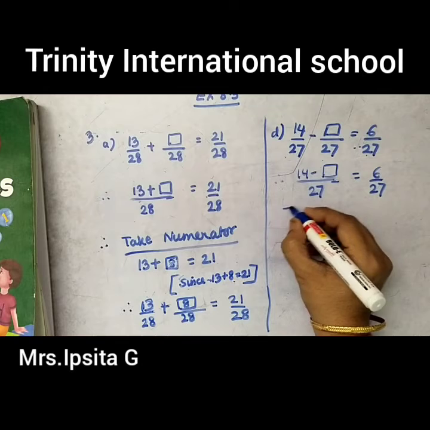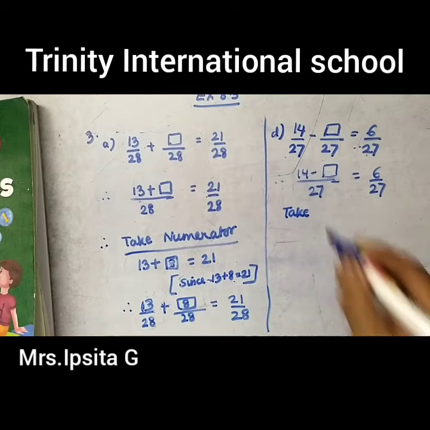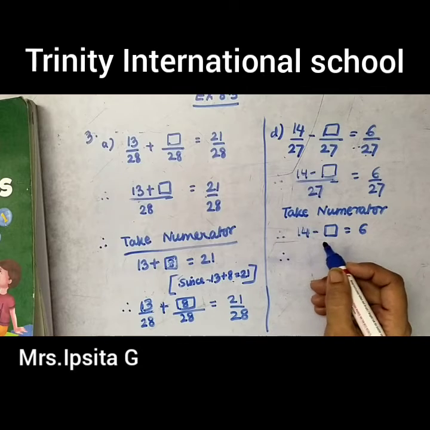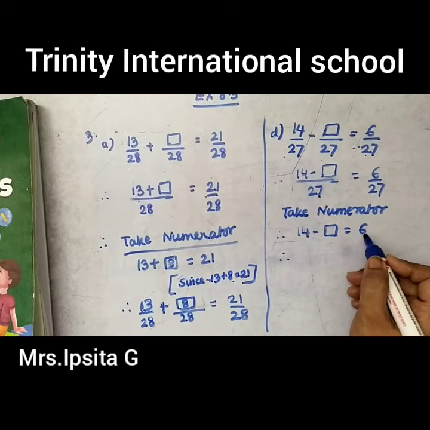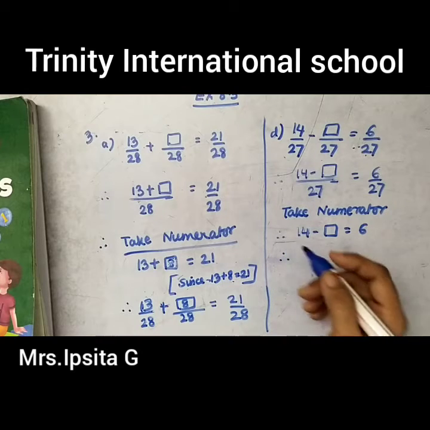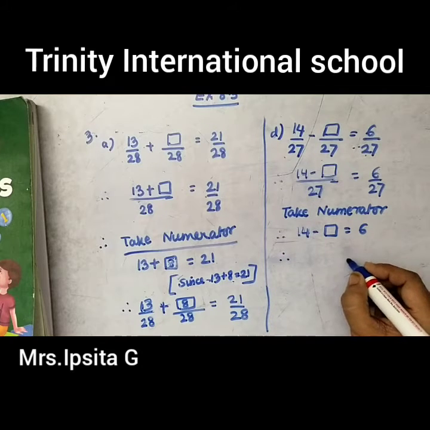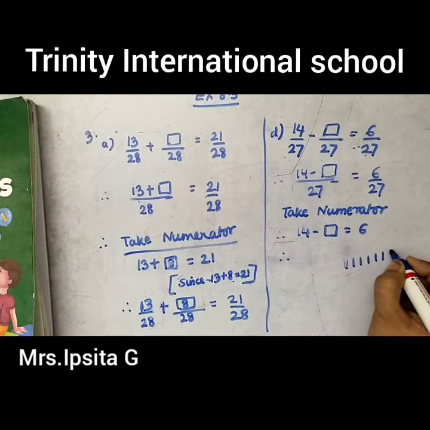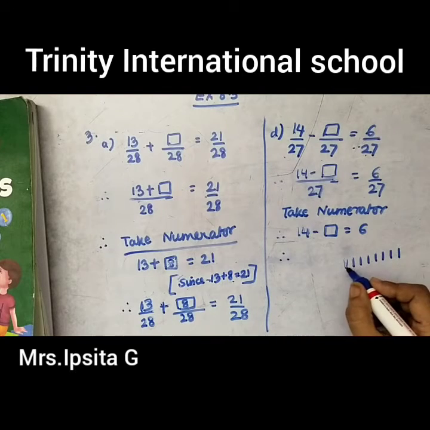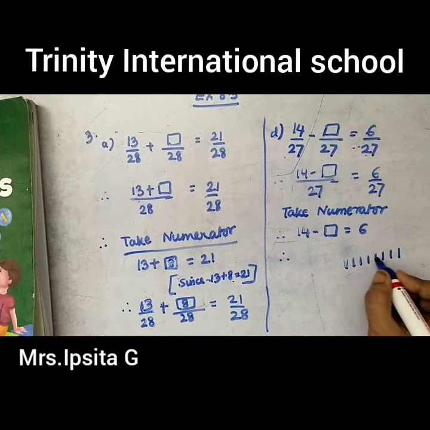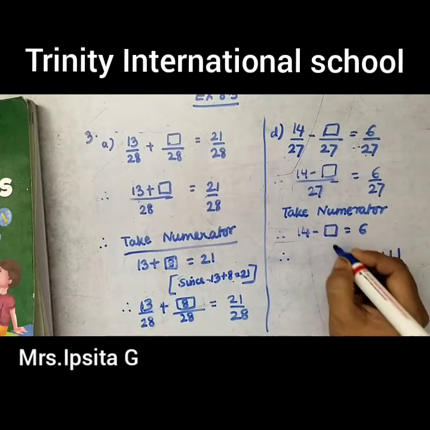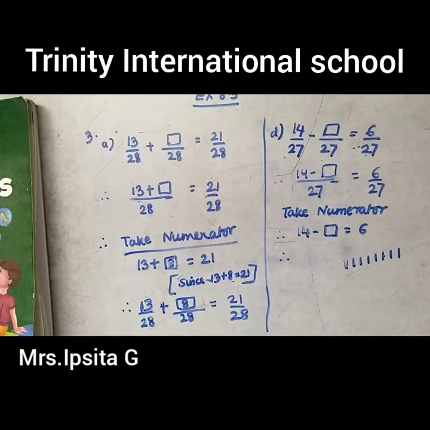Now take the numerator. Now see, I have written the numerator. Now what number has to be added to 6? 6 में कौन सा नंबर ऐड करेंगे तो हमें 14 मिलेगा. तो आप देखिए 6 7 8 9 10 11 12 13 14. So just count it 1 2 3 4 5 6 7 8. So here also you have to write 8.